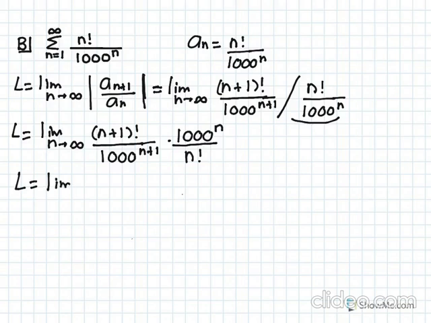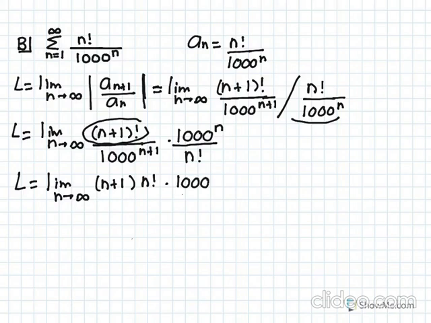We will rewrite n plus 1 factorial as n plus 1 times n factorial, so we can get the cancellation with the denominator, times 1000 to the power of n divided by 1000 to the power of n plus 1 times n factorial. Now n factorial in the numerator cancels with n factorial in the denominator.